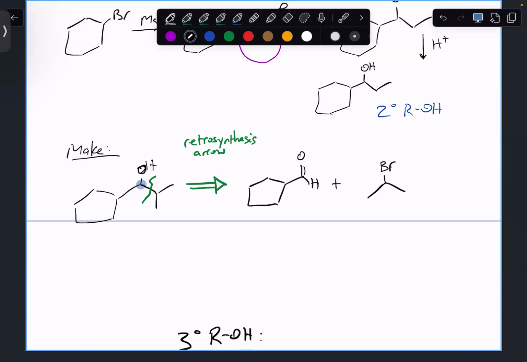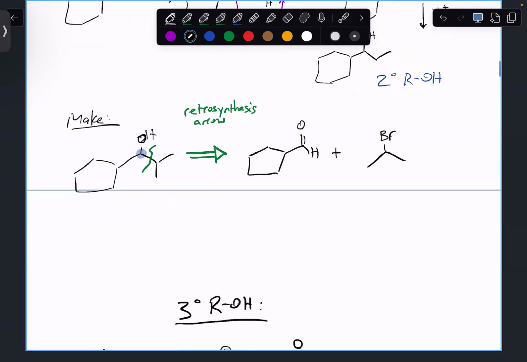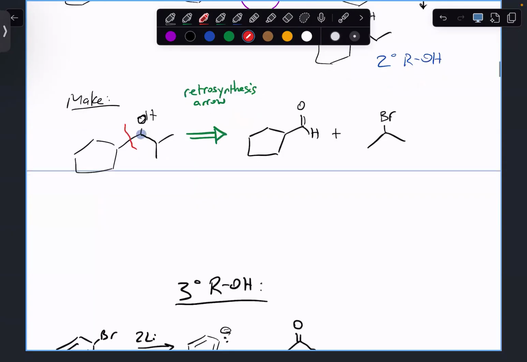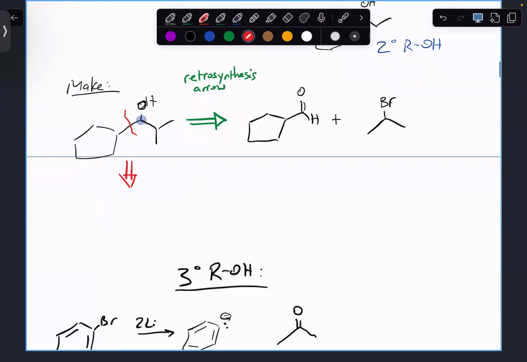Do you see what the other option would be here for starting material? I could get rid of that disconnection. What if I said we could also do that disconnection? So the carbonyl used to be the carbonyl, so the carbonyl piece using the red disconnection would look like that.